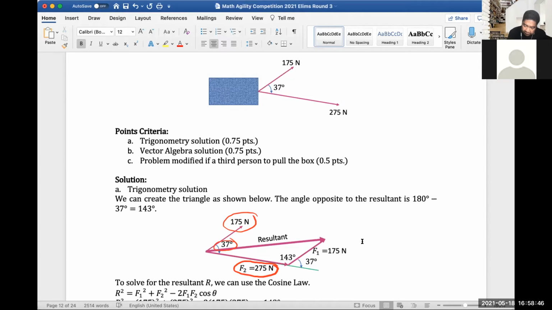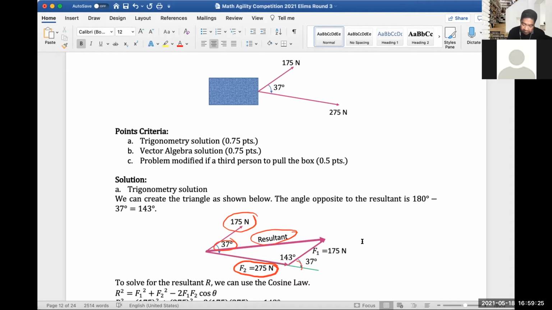If we draw 175 reflecting here on the end by connecting all the arrows and heads of our forces, and we connect F1 to F2, if we extend the line, if you see the green line here, it is still 37 degrees, right? So the resultant would be from the end of F2 to the arrow of F1. So this is the resultant here, the pink thick arrow here.